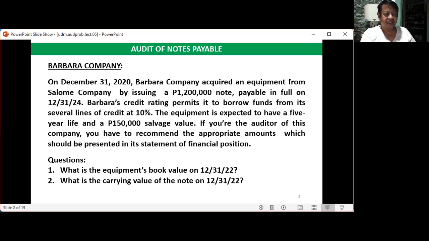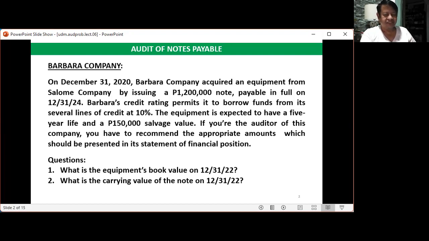Barbara's credit rating permits it to borrow funds from its several lines of credit at 10%. Meaning to say, in this particular problem, the interest rate is not actually given. The 10% given in this problem is the interest rate prevailing in the market, and this is also the interest rate to be given in case Barbara will borrow money.